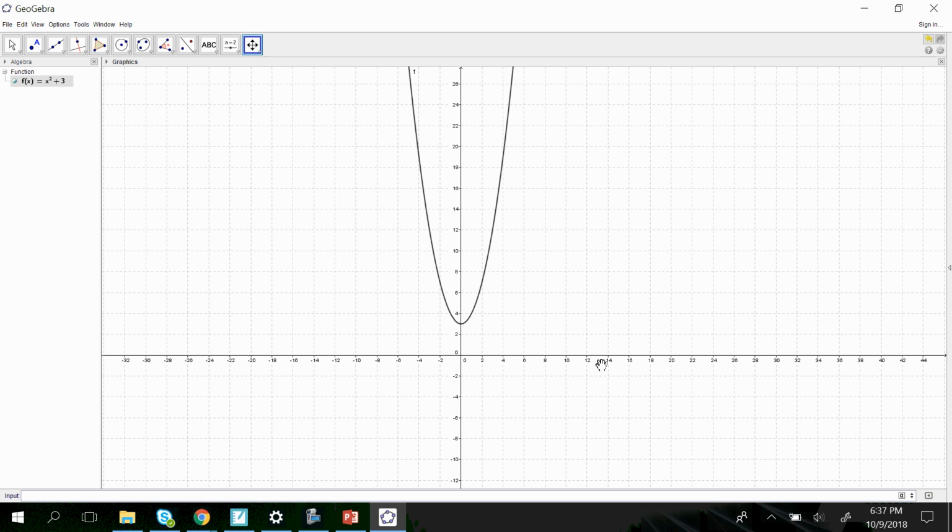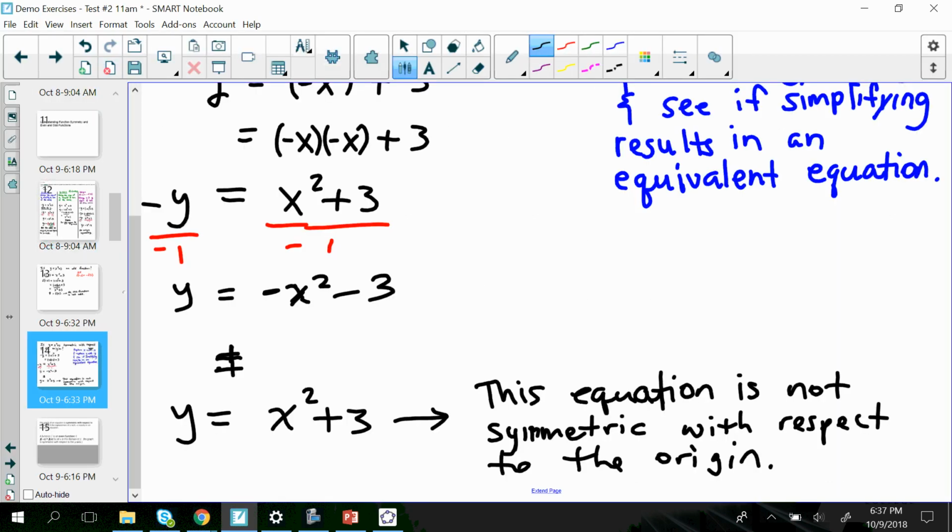If you flip this upside down, it would not look the same. If you just spun this entire paper around the origin, upside down 180 degrees, you would not have the same function. So it is even, it is not odd, and that concludes this part of the lesson. Thanks for watching.